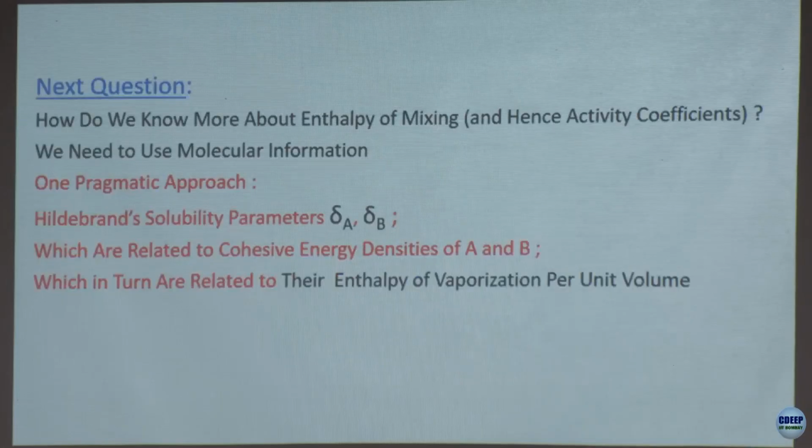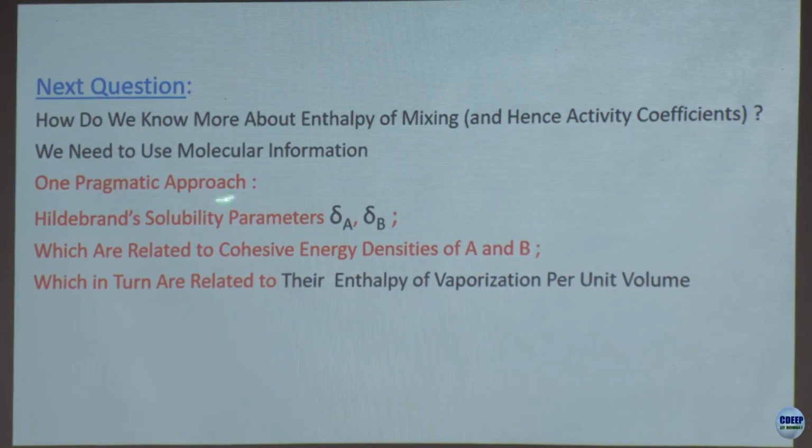Okay. So the next question is, how do we know more about enthalpy of mixing and hence activity coefficients? Now we have to go to molecular considerations. Thermodynamics has that limit, fine, which is the thermodynamics of Gibbs. So when we need to use molecular information, there are several approaches to this problem, okay?